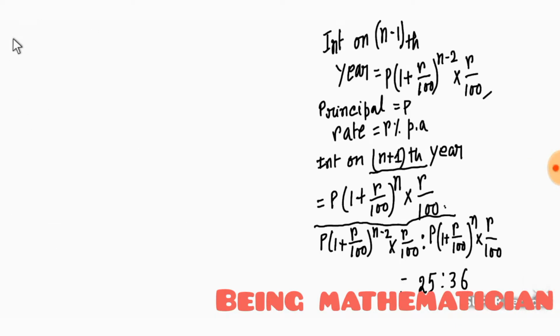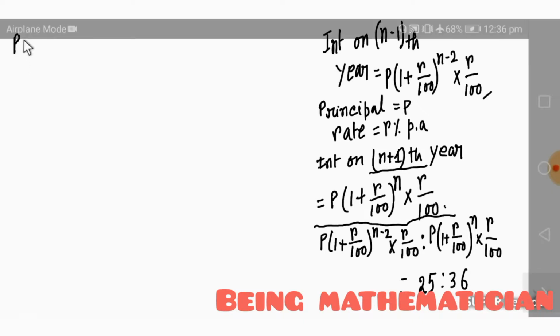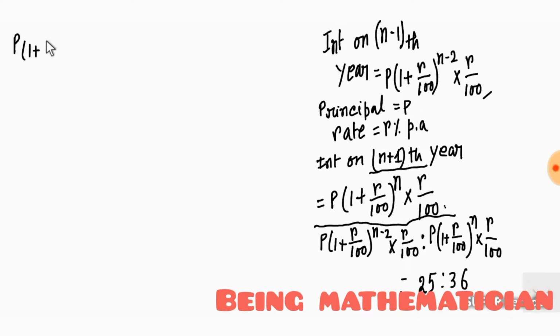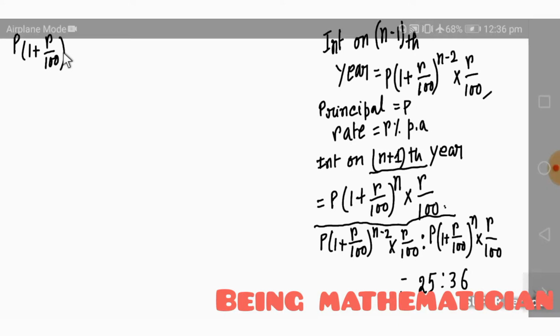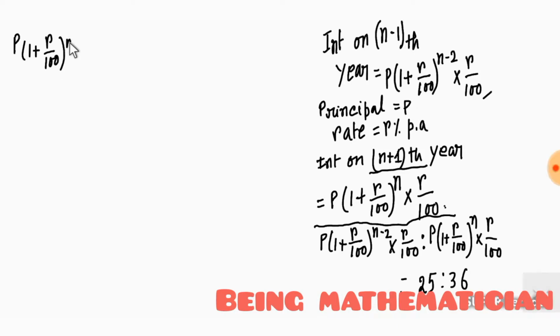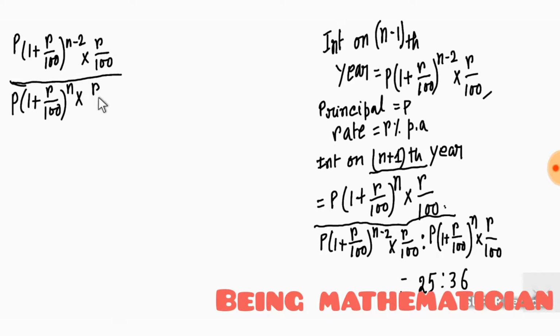Therefore, P into 1 plus R by 100 whole to the power n minus 2 into R by 100 divided by P into 1 plus R by 100 whole to the power n into R by 100 is equal to 25/36.